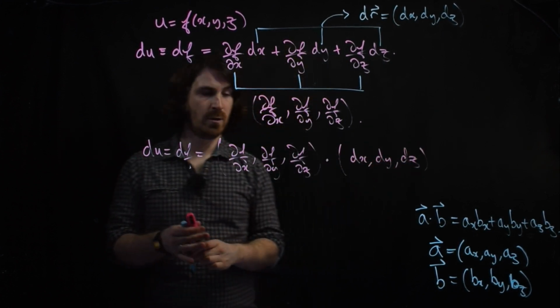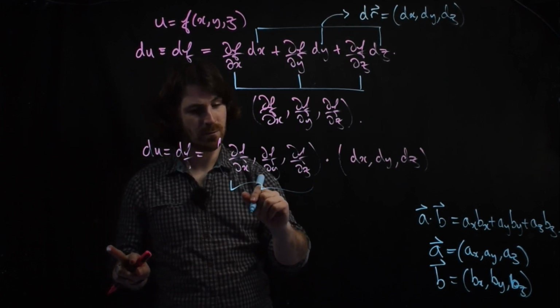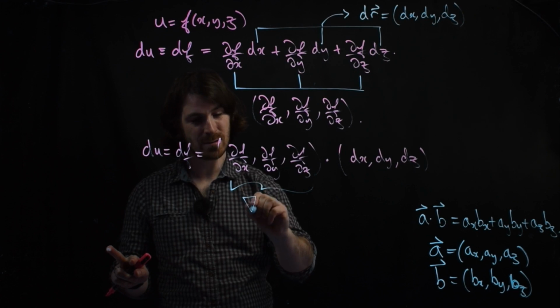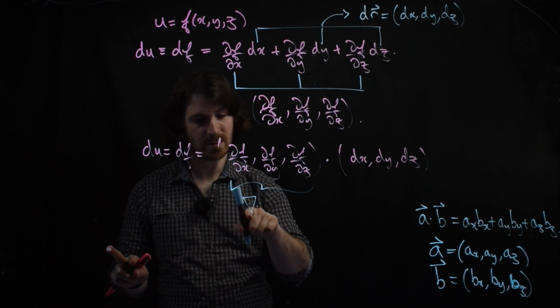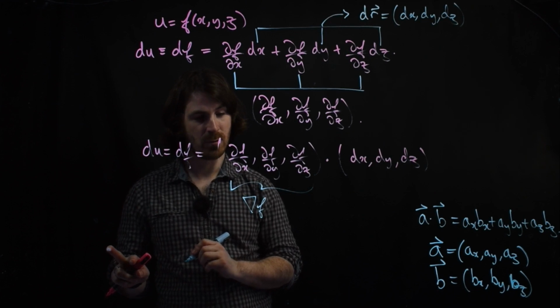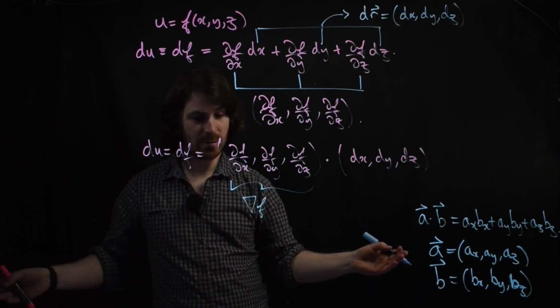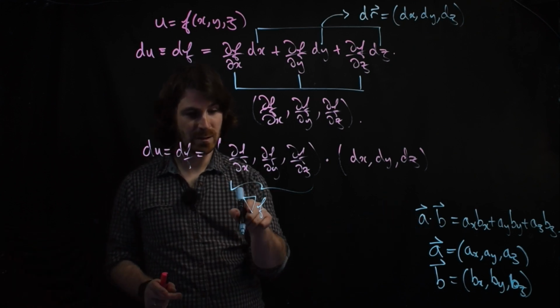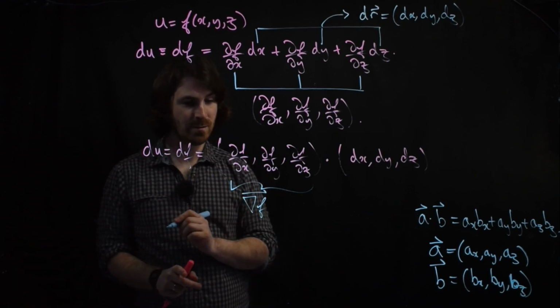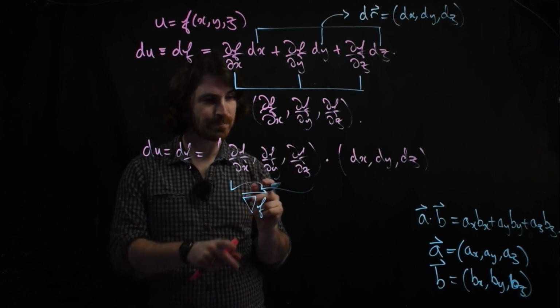And this thing pops up a lot, and it's called the gradient of f. We write it as this upside down triangle, the gradient of f. What is it? Is it a number or a vector or an elephant? It's a vector. It's got components, x, y, and z components.